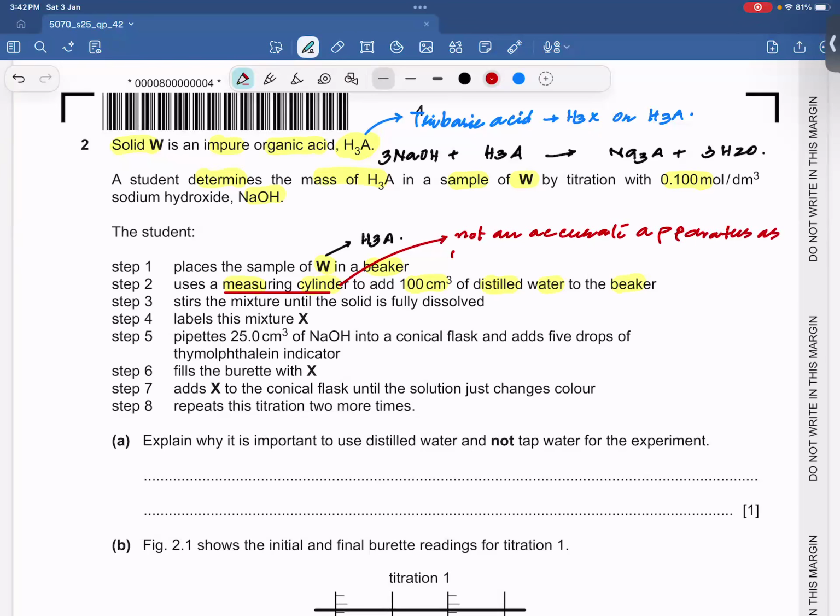As it has a bigger internal diameter. Okay.